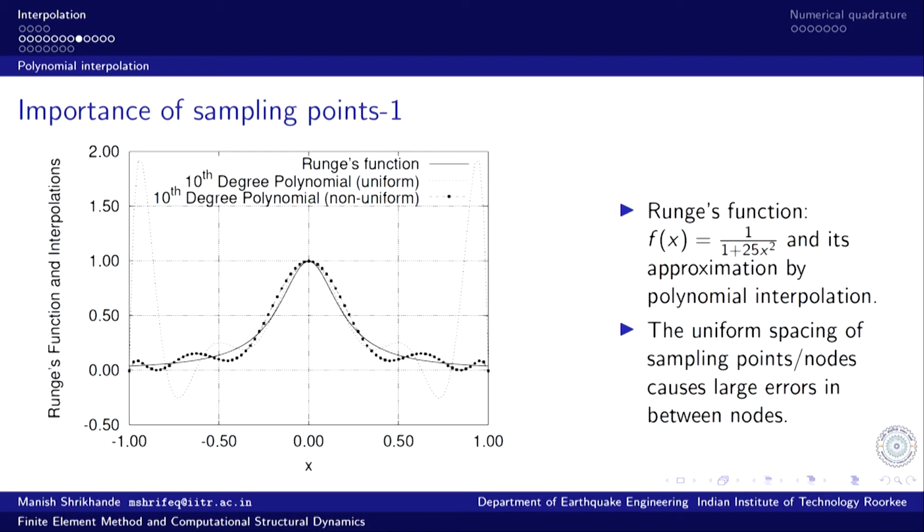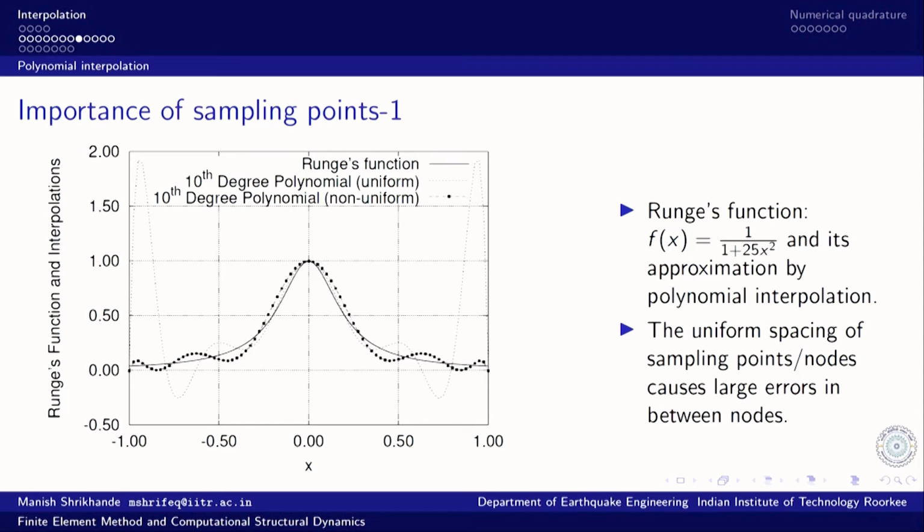If I use those roots, you can see that the 10th degree polynomial interpolation is reasonably well behaved, and it can pass off as a reasonably good approximation for Runge's function. The same 10th degree polynomial using uniform sampling points is very different. The sampling points are not very different, just a very slight shift, and the effect that it has on the quality of approximation is just amazing.